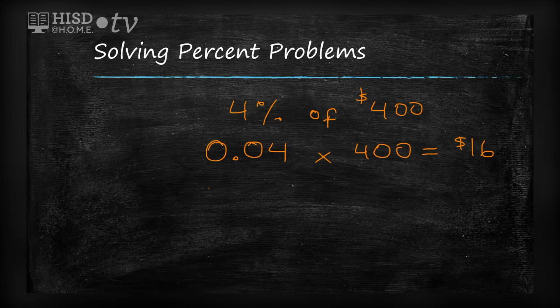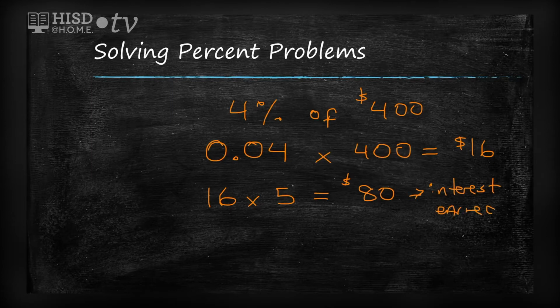Since the $16 is gonna be earned for 5 years, I have to further multiply 16 times 5 because of the 5 years, and that's gonna give me a total of $80, which is gonna be representing the interest that he earned.